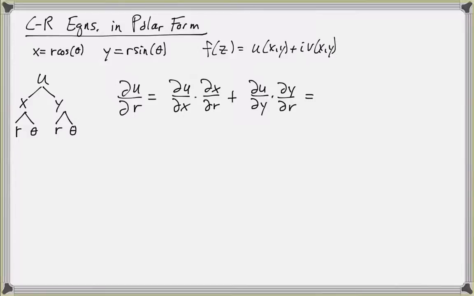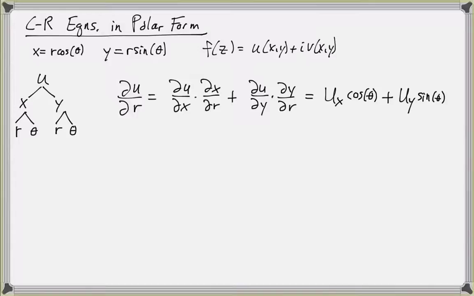and the derivative of x with respect to r will be cosine of theta. The derivative of u with respect to y times the derivative of y with respect to r, which is sine theta.